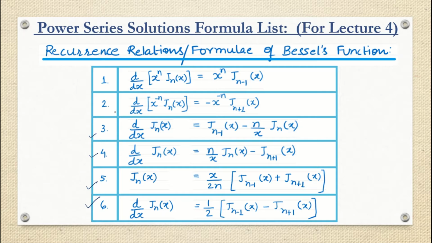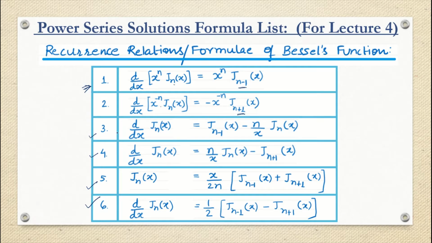Now if we analyze all these 6 recurrence relations, for the first recurrence relation, this is d by dx of x raised to n J n x, and the answer is in terms of the Bessel function of order n minus 1, the previous order. For the second recurrence relation, we see the answer in terms of the next order of Bessel function.